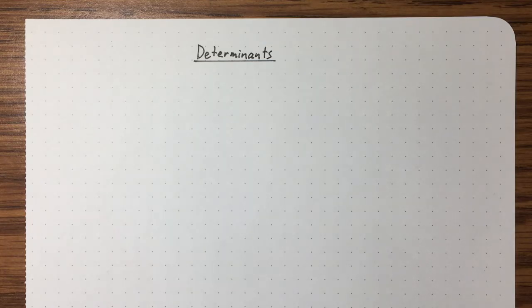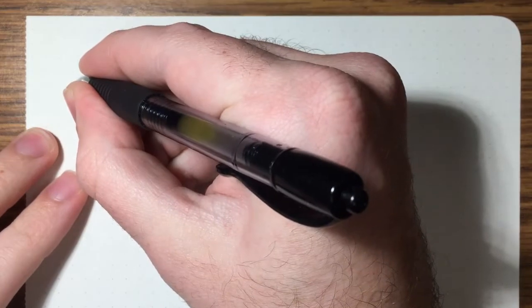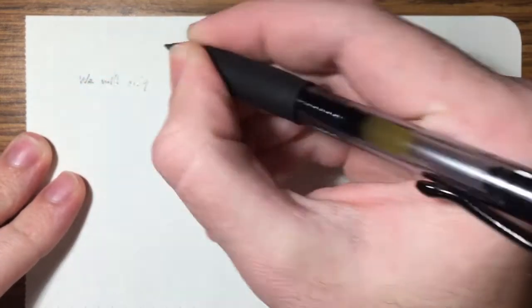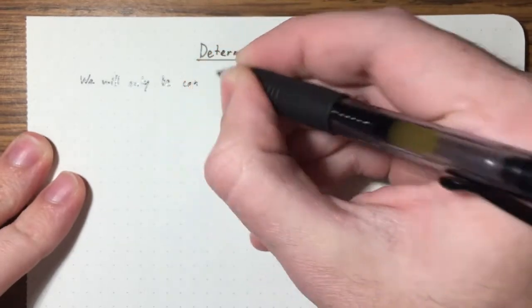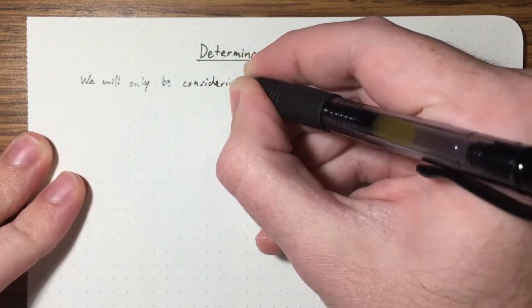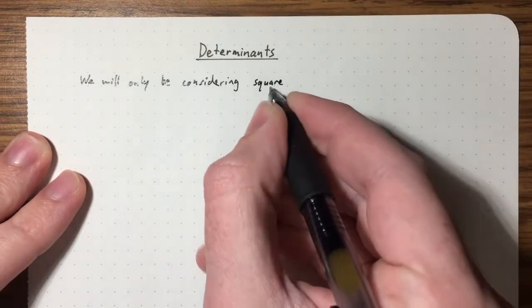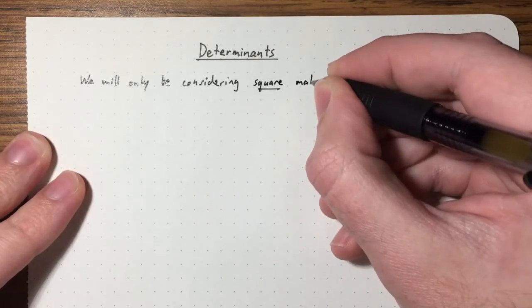So the first thing I want to note is that we will only be considering for this lecture square matrices. Okay, so n by n matrices.